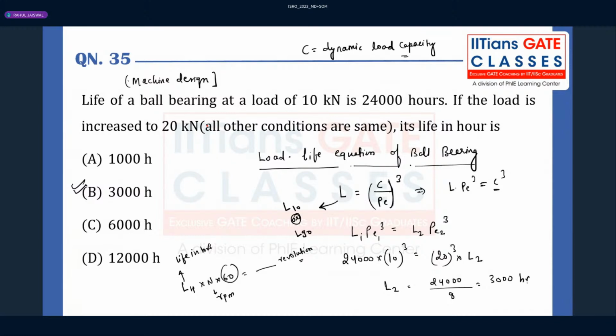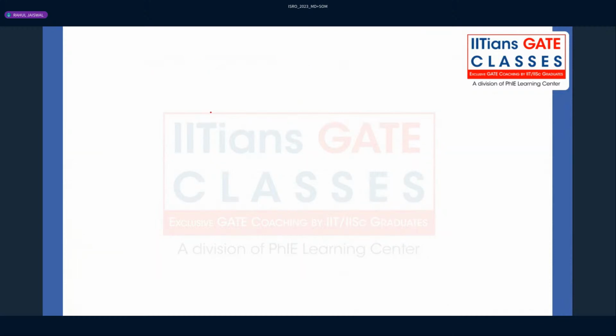Regarding L10 or L90, note down: the nominal life of a group of identical bearings is defined as the number of revolutions that 90% of the bearings can survive. L10, we also say L90.